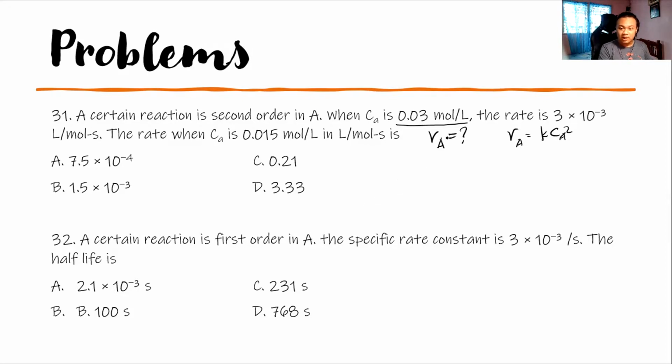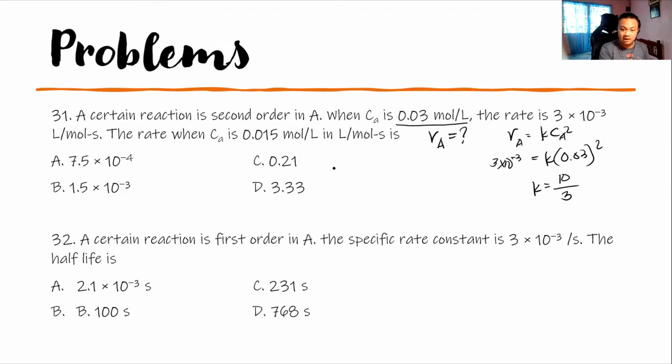It says that when CA is 0.03, so let's put that here, 0.03 squared, and then the rate is 3 times 10 to the negative 3. So now we can get the K. K is 10 over 3. We solved for K, and now we are asked to get the RA when CA is 0.015.